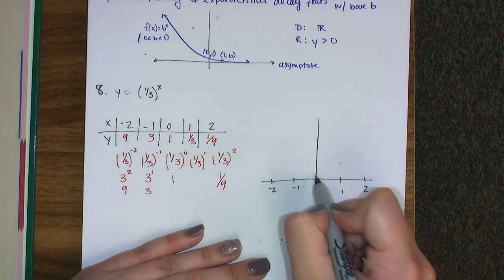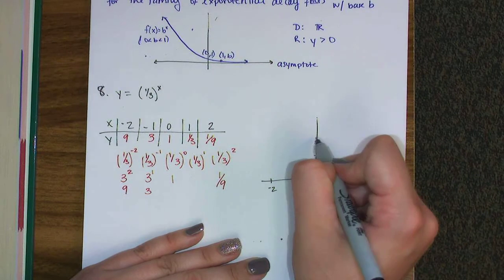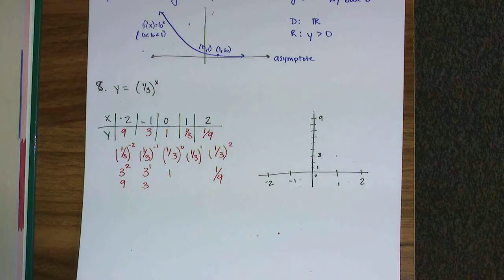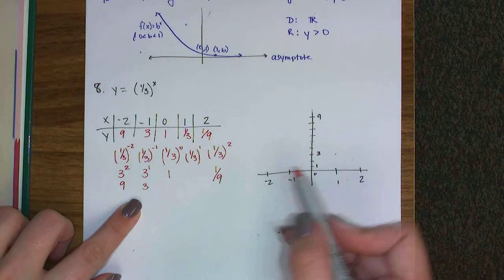So here we have a -2, we're all the way up at 9. At -1, we're at 3. At 0, we're at 1. At 1, we're at 1/3, so just above the 1, sorry, just below the 1, and then 2 is just a little bit below where that one was, because it was 1/9.